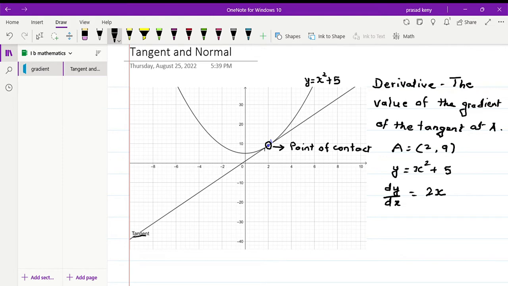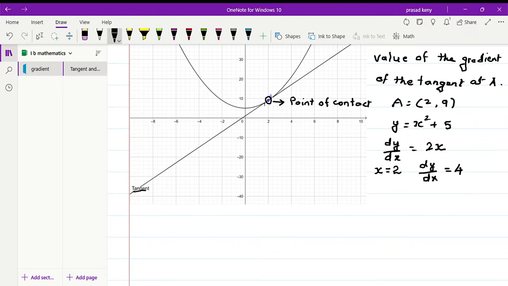Now here put x is equal to 2. So dy by dx will be 2 into 2, that is 4. I am putting x is equal to 2, so 2x will be 2 into 2, that is 4.